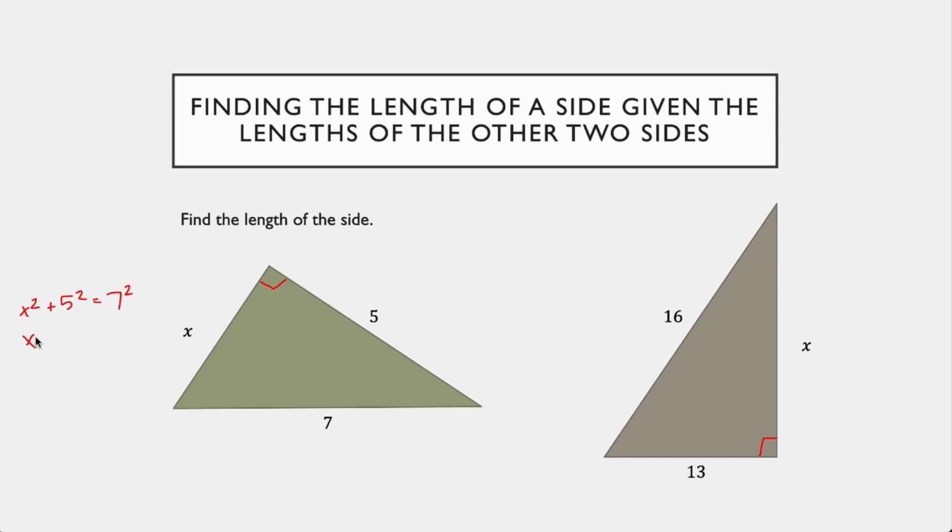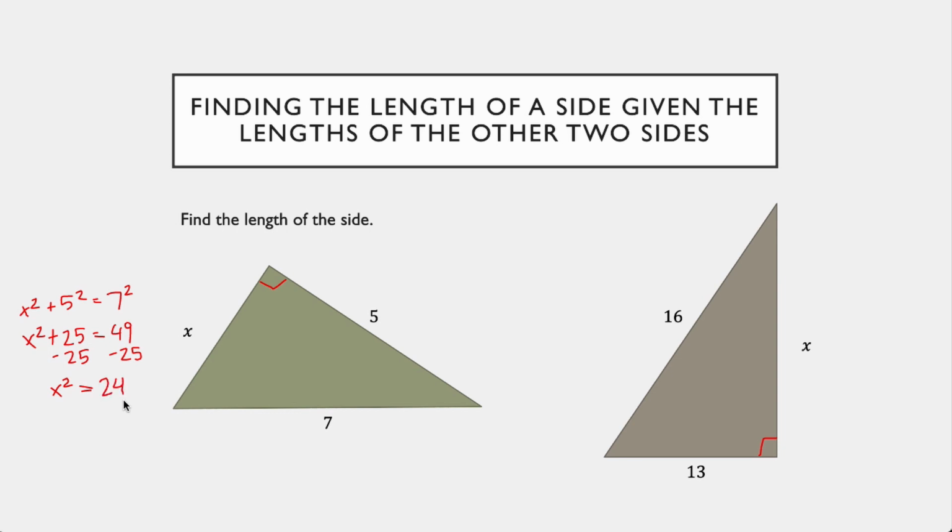X squared plus 25 is equal to 49. Let's subtract 25 from both sides. 49 minus 25 is equal to 24.